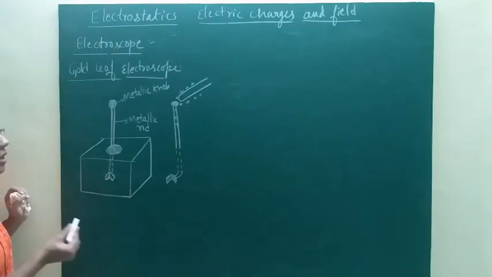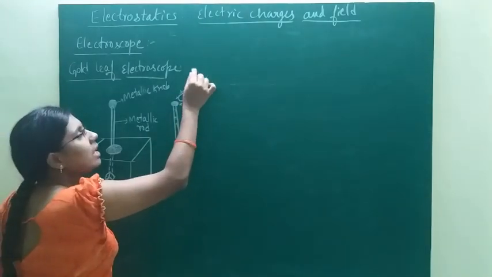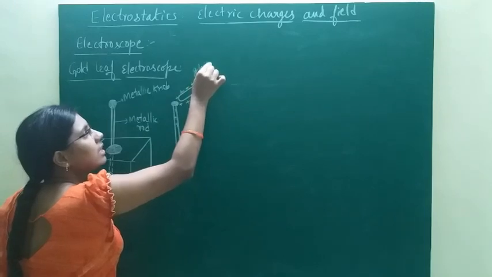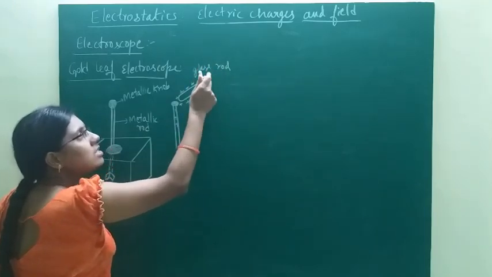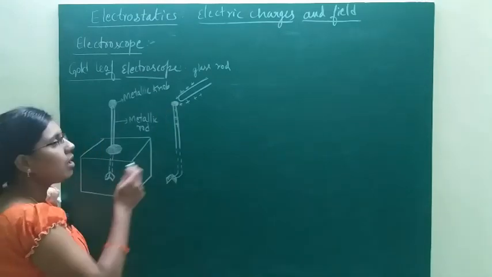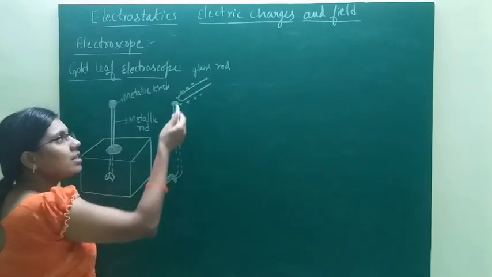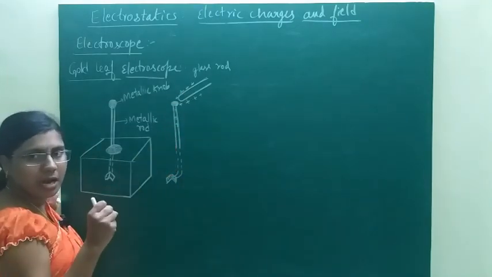When a charged body touches the metal knob of the metallic rod, here I have taken a charged glass rod, since it is a metal, it can easily pass the charges.